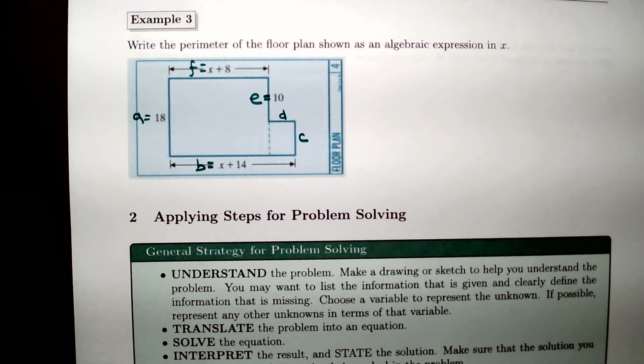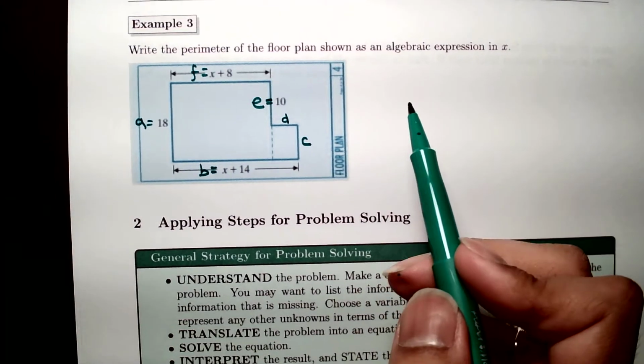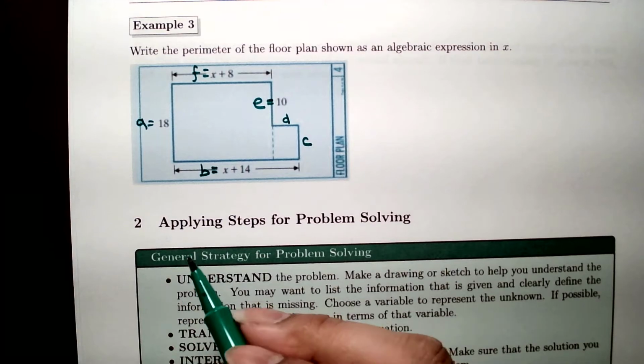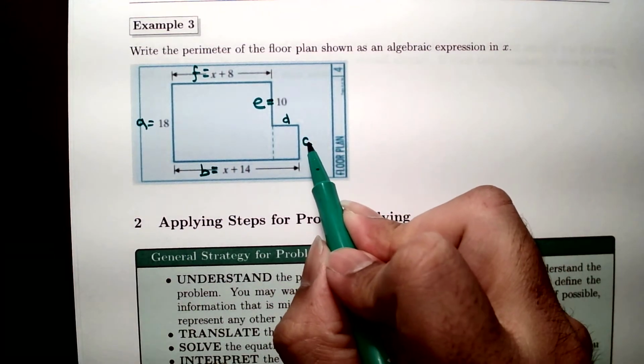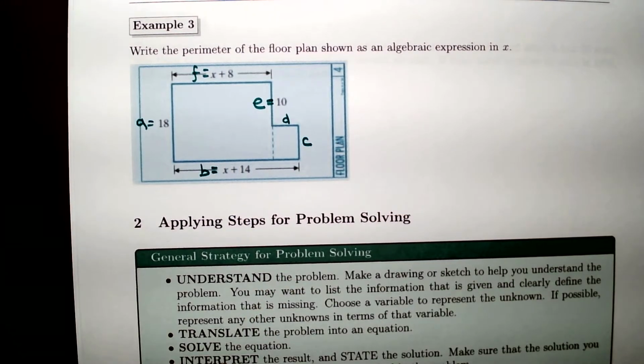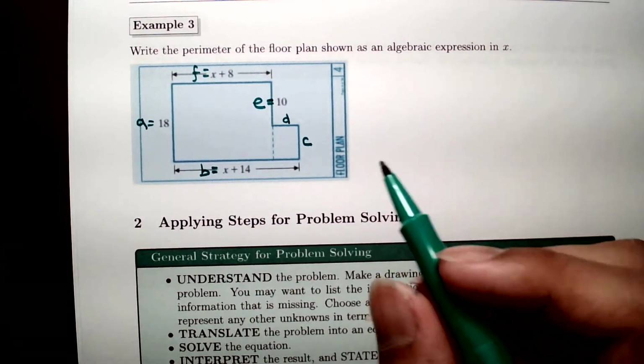All right, so let's see how we are going to write this down. Well, we're finding the perimeter, so all we do is add them all up. However, we don't know what C is, and we don't know what D is. We are going to figure out what C is.